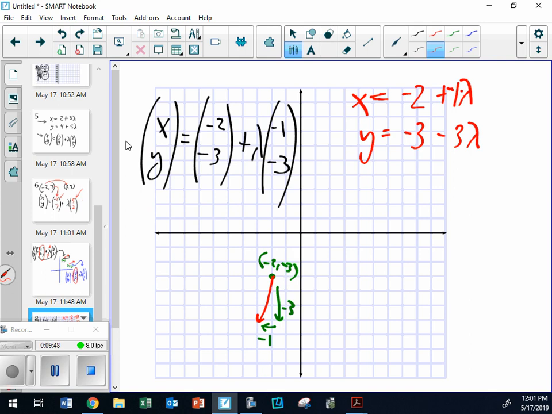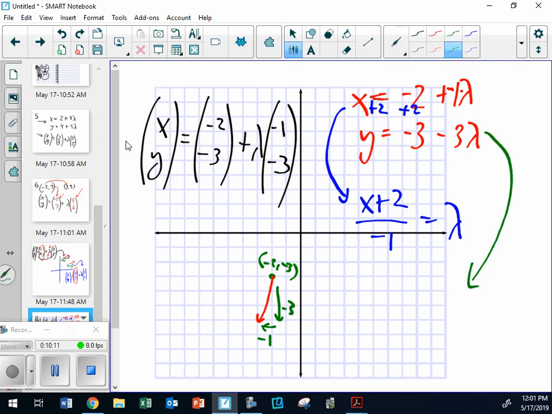All right. So, but wait, there's more. I'm going to now solve these and get rid of the lambda. Does that sound familiar? And I'll only have x's and y's left. Admit it, you're excited. Y plus 3 over negative 3 equals lambda.